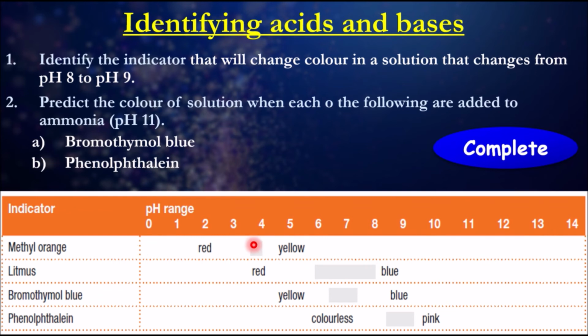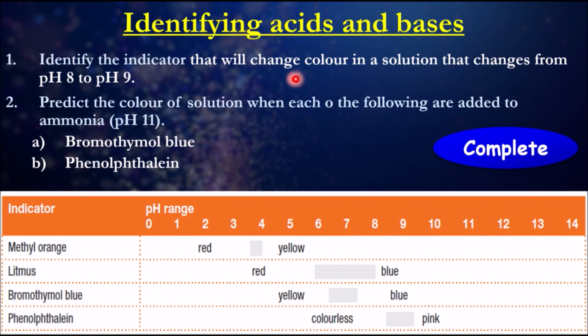These ones have a very specific range that they can work with. So you might want to use them every now and then, or you might want to use the universal one if you want to demonstrate that change in acidity. Okay, so let's just go to the questions.